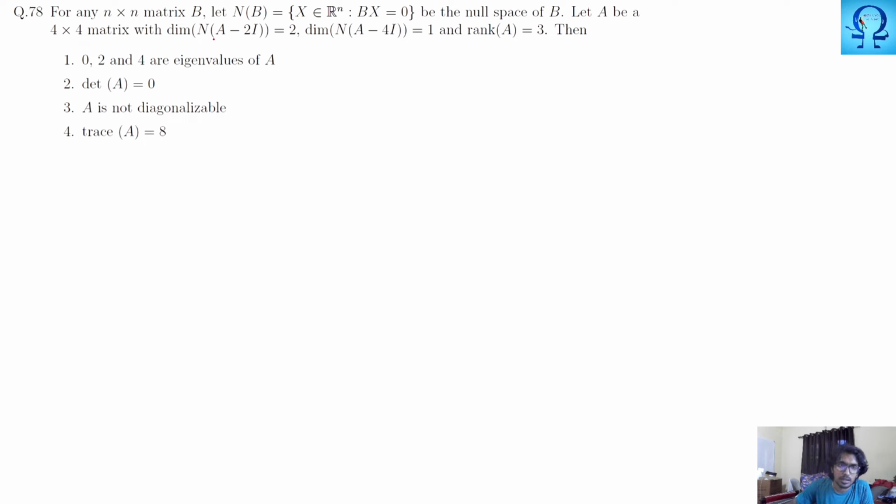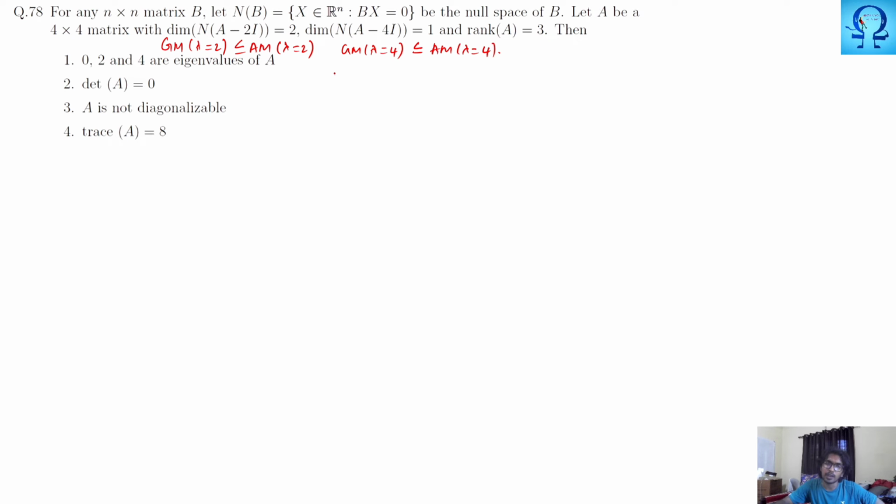So, here, it is given that the null space of A minus 2I has dimension 2, which means my GM of lambda equals 2 is smaller than or equals AM of lambda equals 2, and from this what I get is GM of lambda equals 4 is smaller than or equals AM of lambda equals 4.